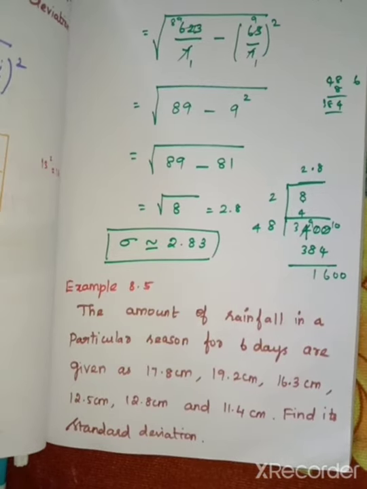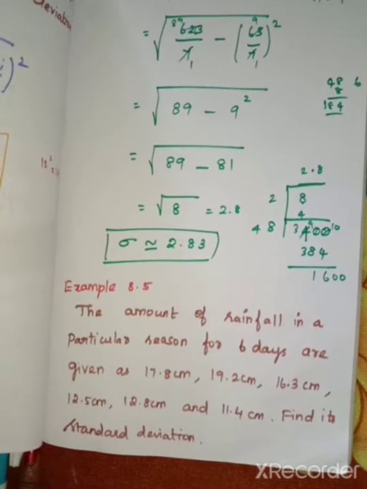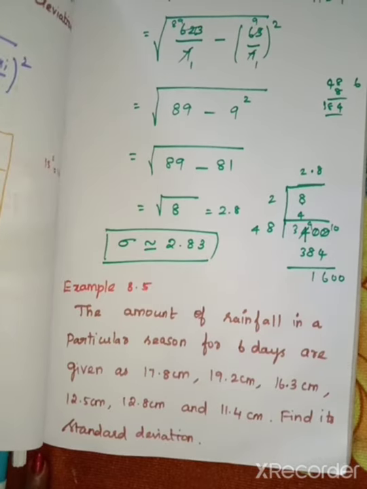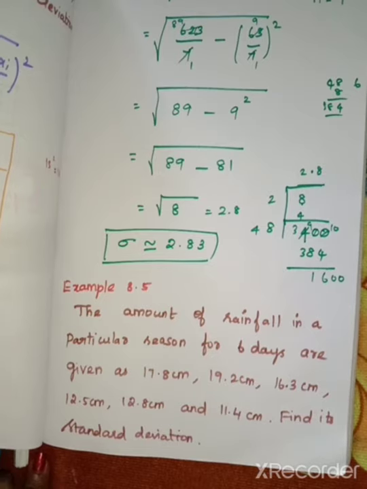Example 8.5. The amount of rainfall in a particular season for 6 days are given as 17.8 centimeter, 19.2 centimeter, 16.3 centimeter, 12.5 centimeter, 12.8 centimeter and 11.4 centimeter. Find its standard deviation.